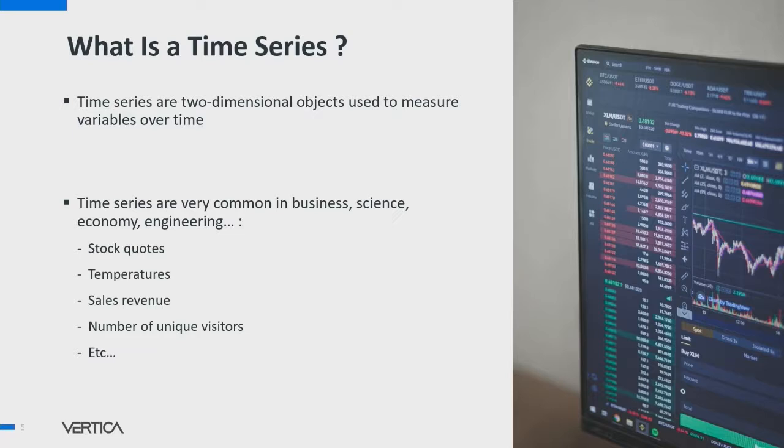And the value at time t typically is not independent of previous values, and that's why we can use the previous values in the time series to predict or forecast values in the future. There are a lot of use cases of time series in the business world, in economics, in science: stock prices, temperatures, sale revenue, number of unique visitors, the clicks on a page. Essentially any type of data that you pick and you track over time can be called a time series.